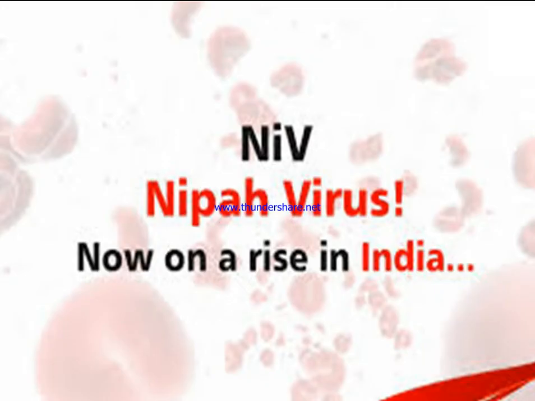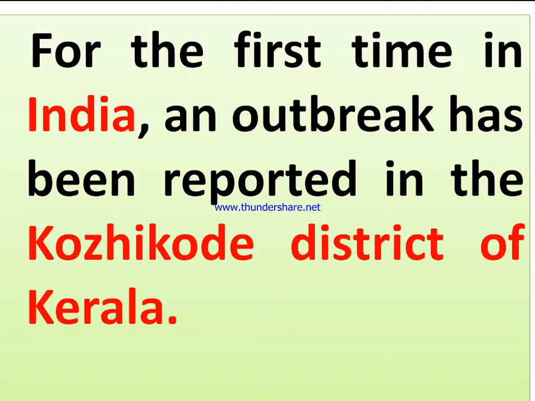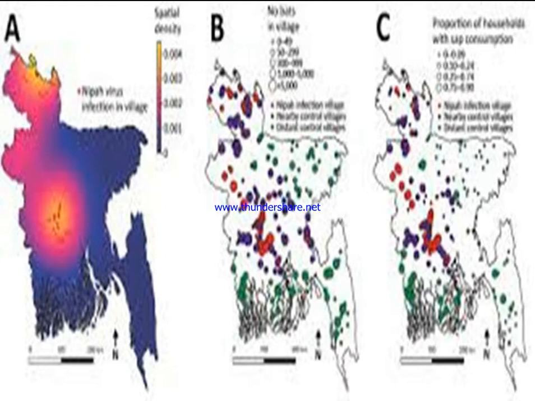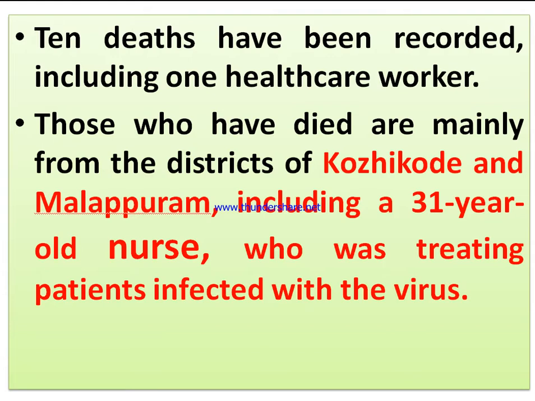So Nipah virus is now arising in India. An outbreak has been reported in India for the first time in Kozhikode district of Kerala. It is spreading day by day. 10 deaths have been recorded, including one healthcare worker.